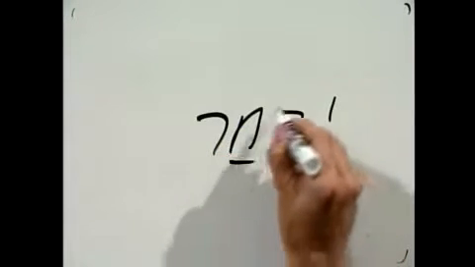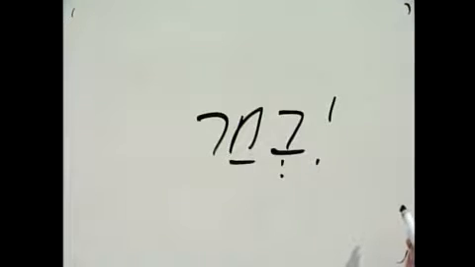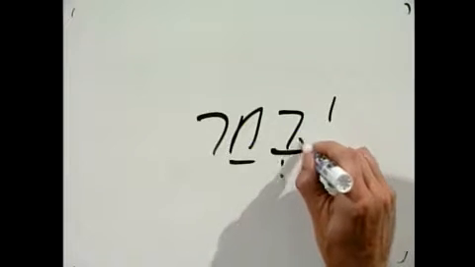Here you have the bet, of course, a Begad Kafat letter. But notice it's preceded by a vowel sign and a vowel sound. And that sound of that vowel would get rid of any type of Dagesh lene. Dagesh lene has to begin the sound. But here you have a vowel in front of it, and that will wipe out the Dagesh lene.